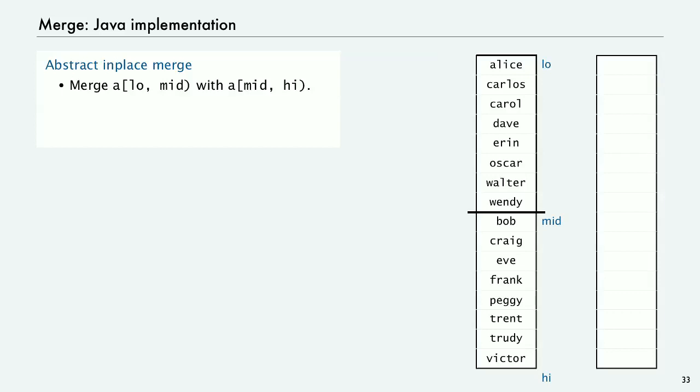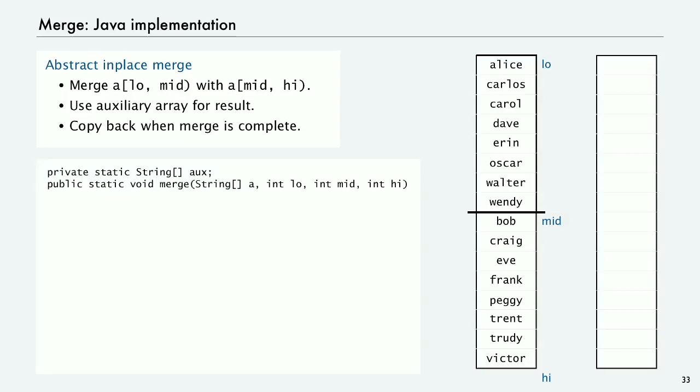So instead, what we're going to do is take an auxiliary array, an extra array, to put the results into. And then when we've got the merge done, we'll copy it back. So this is a flaw of merge sort. There are other methods that don't have this characteristic that you need an extra array, and you can learn about those in an algorithms course.